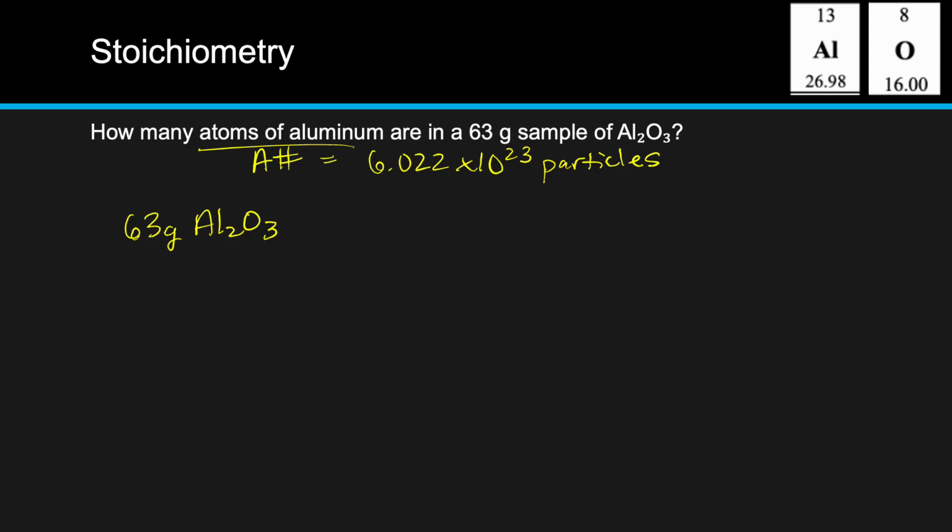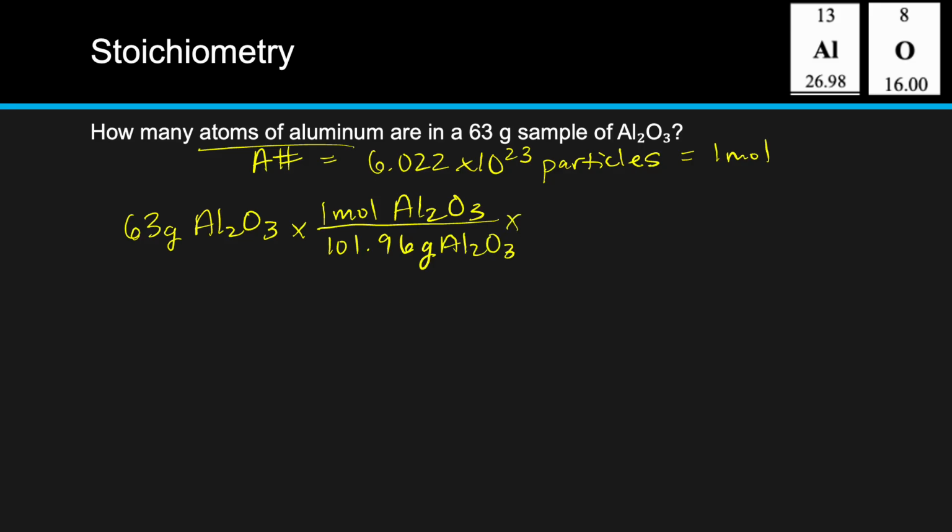So looking at what we are given, which is 63 grams, I cannot use Avogadro's number because I know it is equal to 1 mole. So I need to first get this number into moles. So I know in 1 mole of Al2O3, it is the molar mass of Al2O3, and that is 101.96 grams.